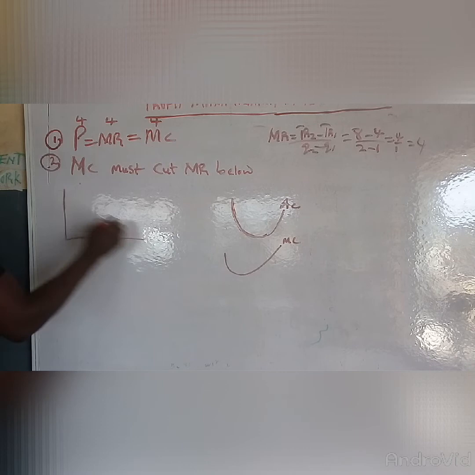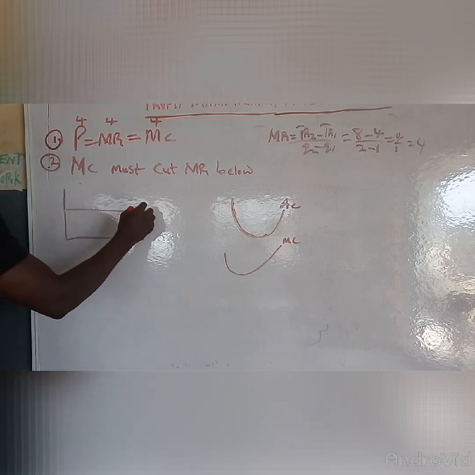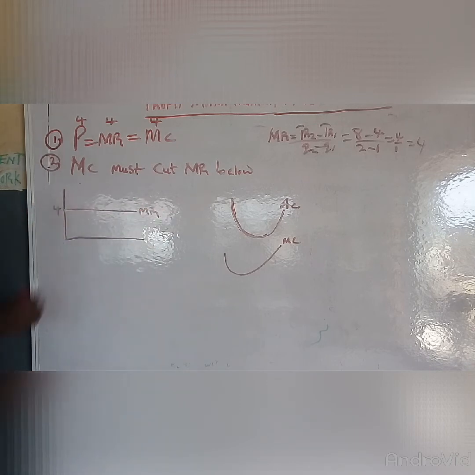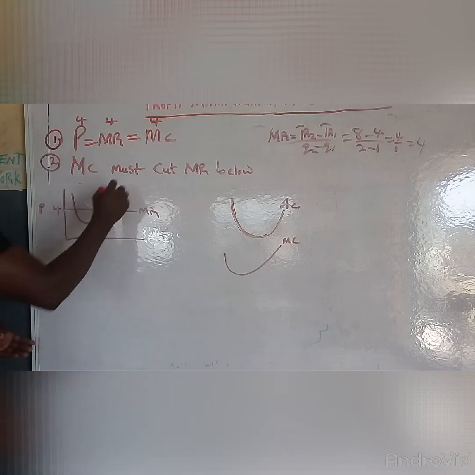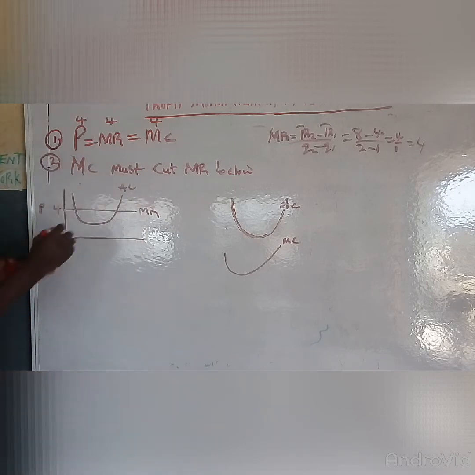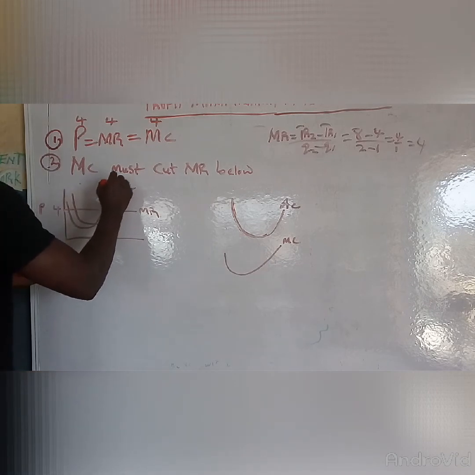You draw your marginal revenue first. Marginal revenue 4, which is price. Then you draw your average cost. It's very simple to draw. Your average cost, which is AC. Then you let your marginal cost also go this way, which is MC.